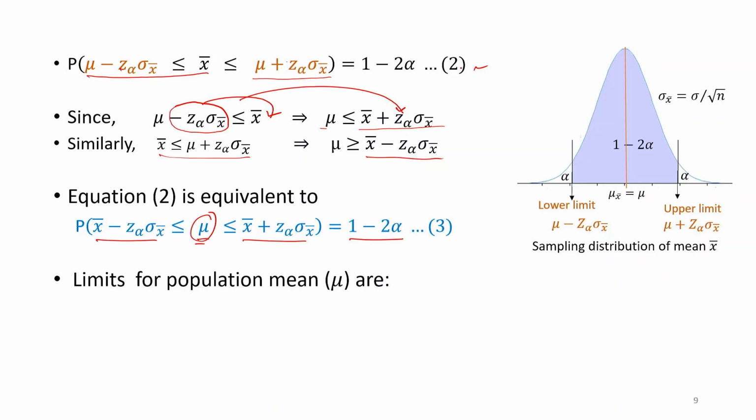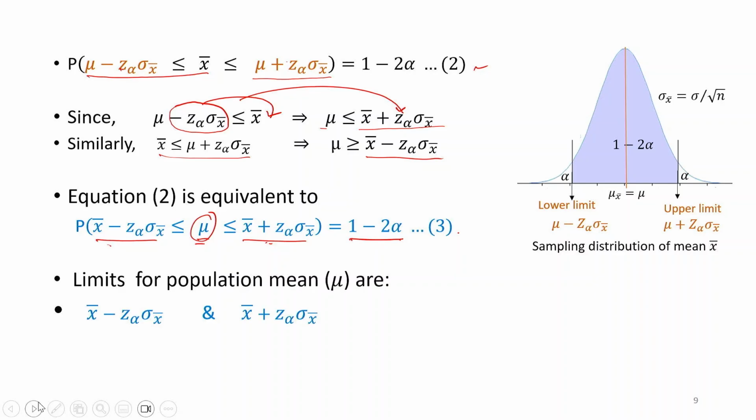So from here, as we come to equation number 3, we can say that the probability of the population mean lying between these two limits, the upper limit and the lower limit, is going to be 1 minus 2 alpha.